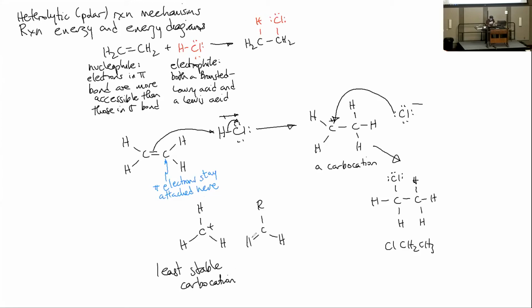Let's say we replace one H with an alkyl group, and that R can be any hydrocarbon group. Well, I think you'll agree, whatever this group is, even if it's just CH3, there's a lot more electron density on it. You've got all those electrons in all of the carbon-hydrogen bonds as well as this carbon-carbon bond. That's a lot more electron density than you'll find in a carbon-hydrogen bond. So that's why this type of carbocation is a little bit more stable, and so we call that a primary carbocation.